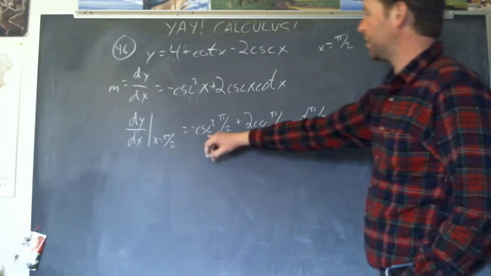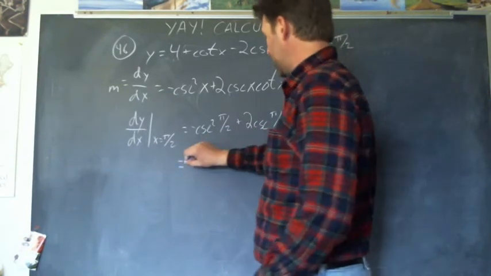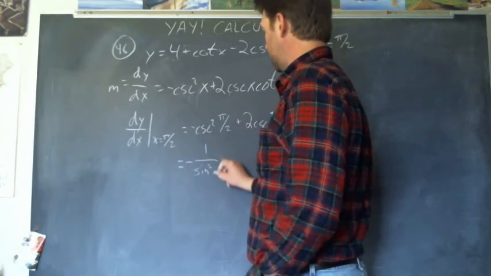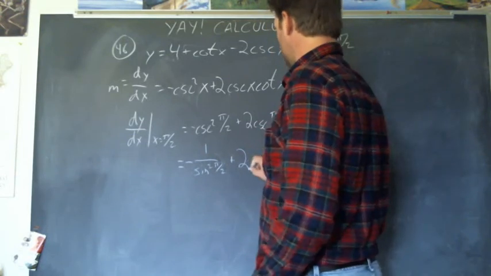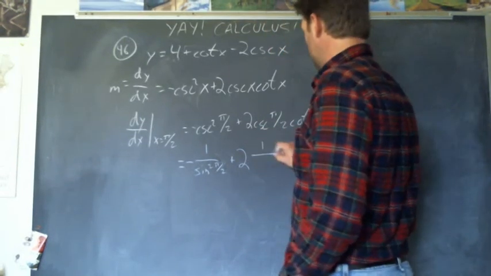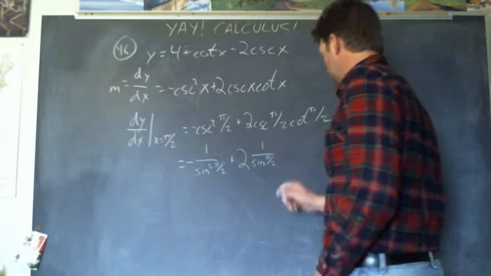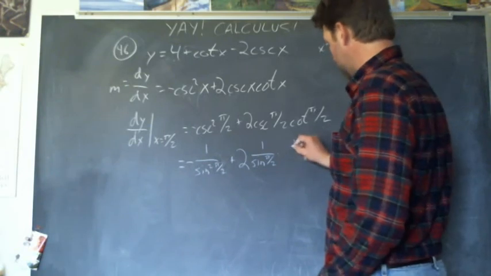I don't know these values so well, but I do know that cosecant is 1 over sine, so negative 1 over sine squared of pi over 2 plus 2 times 1 over sine of pi over 2 times cotangent. I don't know my cotangent values, but I do know my tangent values.